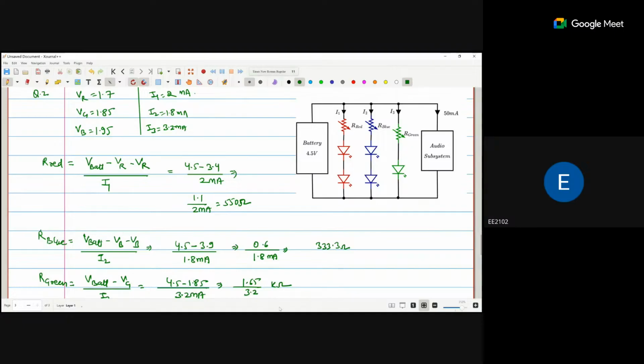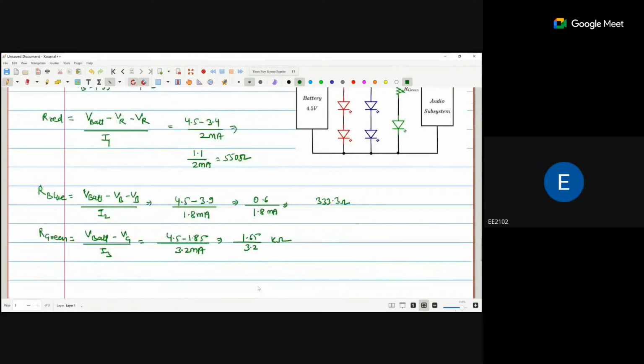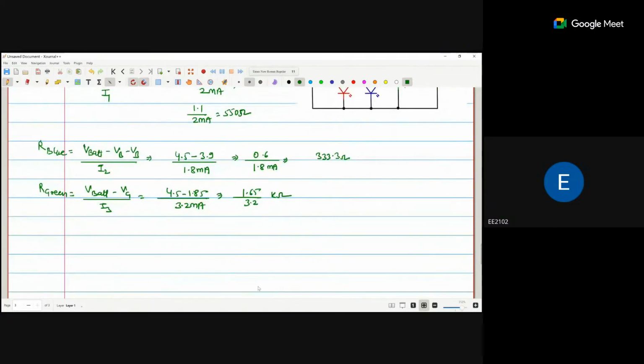Now the second part is what is the battery rating if we operate. So the total current is 2 milliamp plus 1.8 milliamp plus 3.2 milliamp plus 50 milliamp.